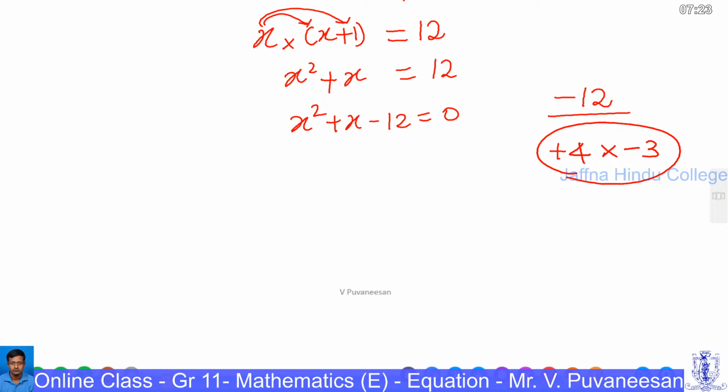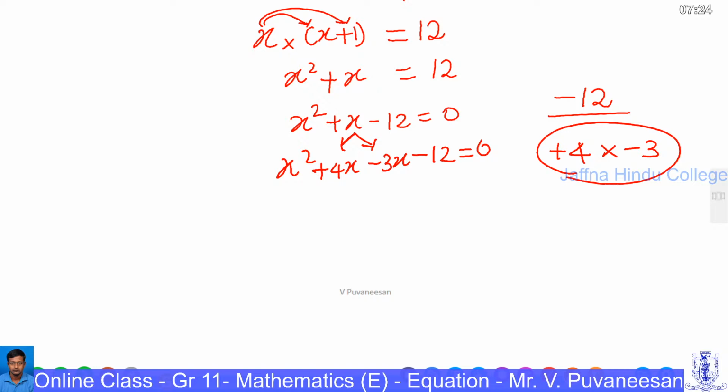Now we write x square plus x as x square plus 4x minus 3x minus 12 equals 0. The plus x is divided into two parts, plus 4x and minus 3x. Look at x square plus 4x.